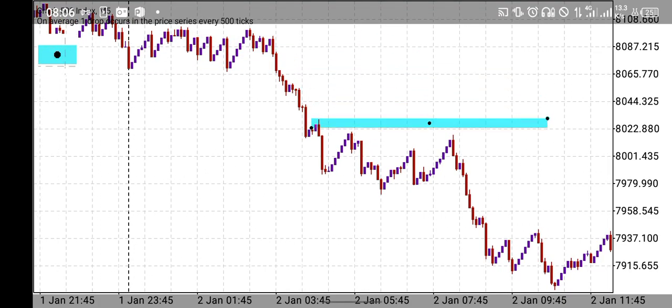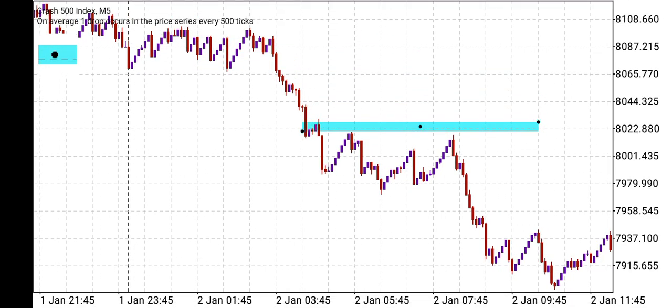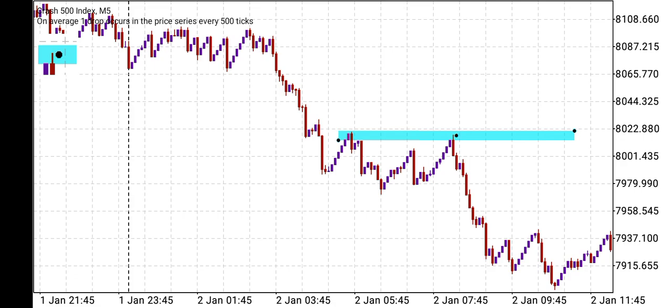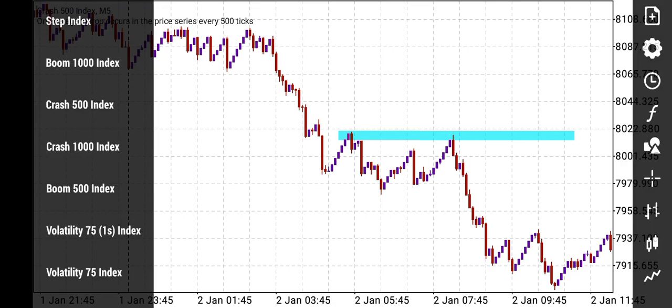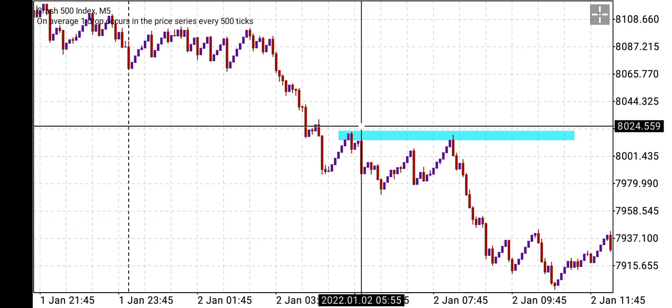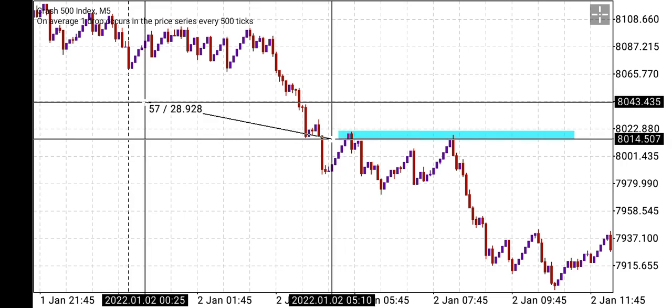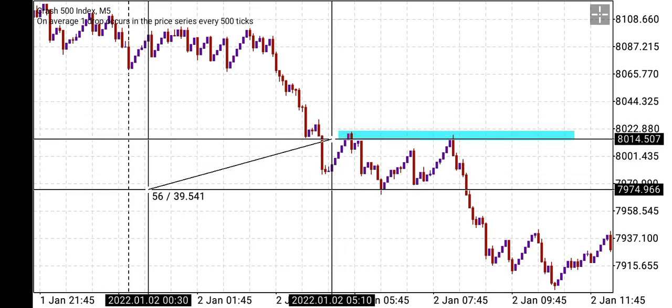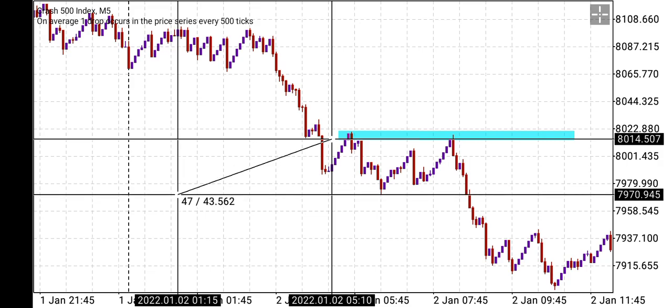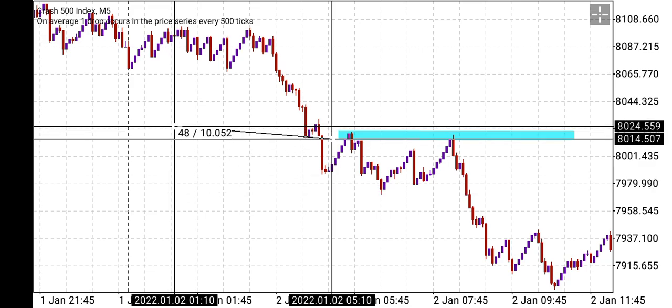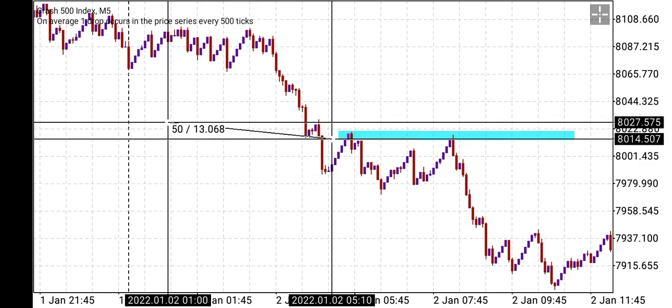So we have another opportunity here. We had another opportunity here, but price failed to retest it. But we had another one here, and we can see price came just into it. So now let's check the ratio. You can see this is all the way down to 43 pips, and we're just risking 15 pips.